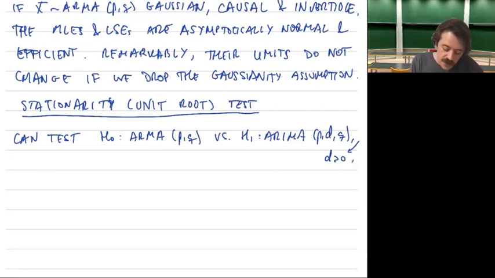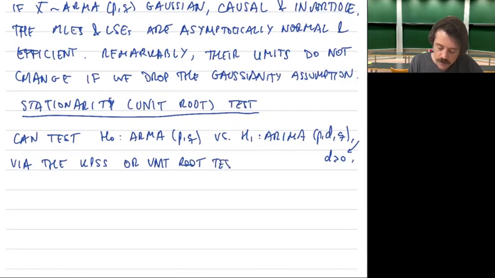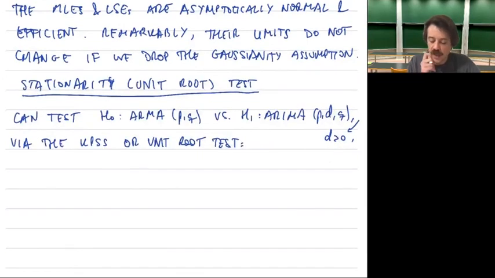Yeah? So we can do this via the so-called KPSS test. This is just the letters of the authors, so you will get a reference in the theory notes, and we can also call it the unit root test. It makes sense that we call it unit root test, because what we are testing is precisely a unit root.